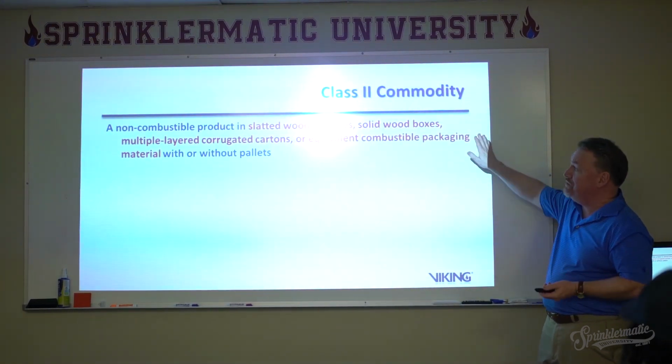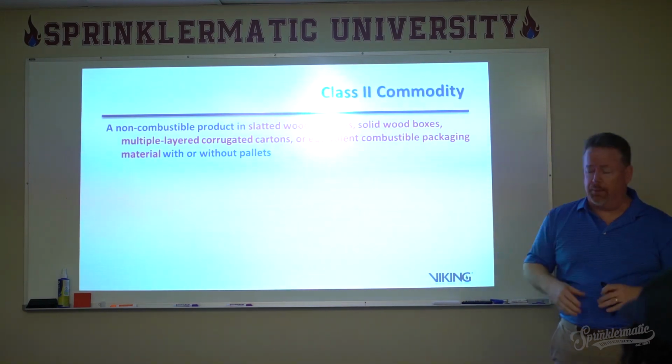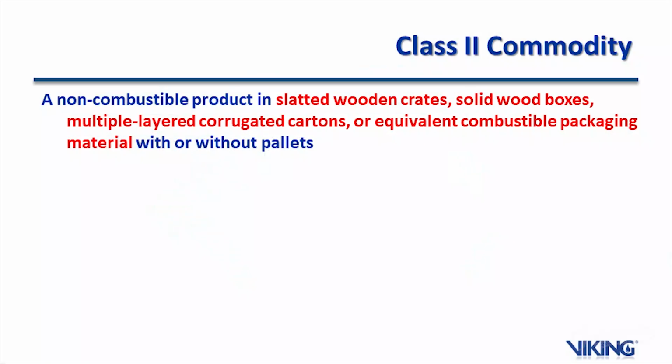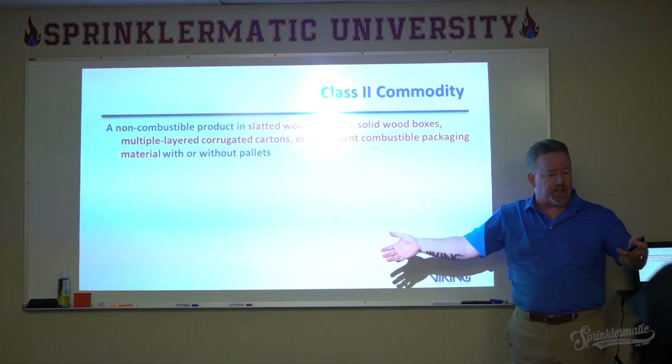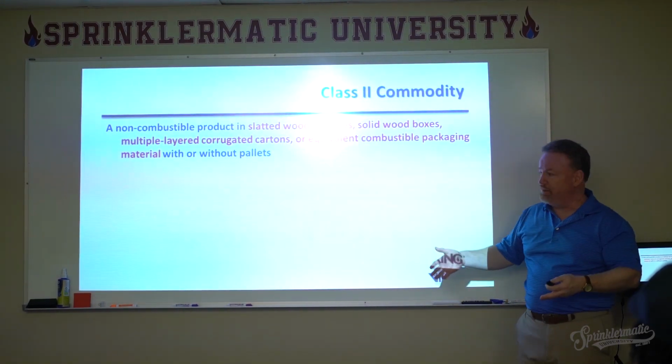Okay, so the class 2 commodity now, we're going up again, up a level, is once again a non-combustible product. But in this case, it's no longer just in a cardboard carton, it's in slatted wood crates, solid wood boxes, or multiple layered corrugated cartons or equivalent combustible packaging, with or without pallets. It may have a pallet, it might not. So in this case you can see same product, just in a different packaging.